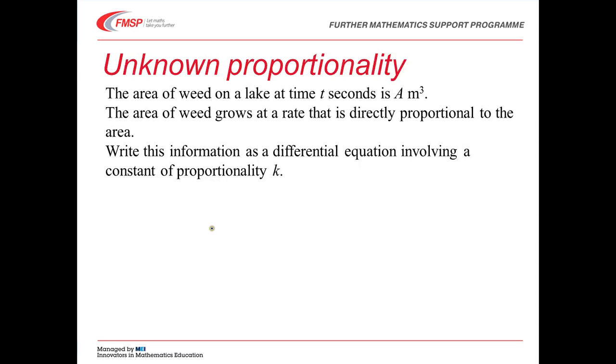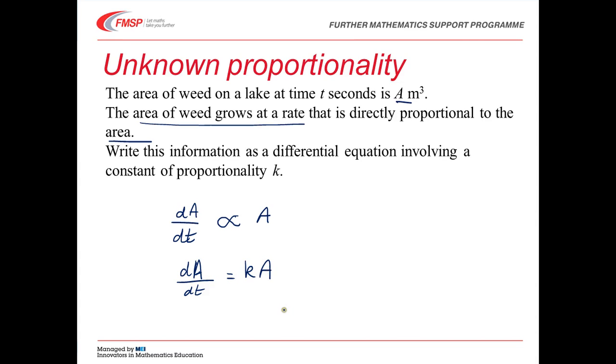Okay, here's another one which is proportional. It's just a matter of picking out the letters. We've got an area A, and the area grows at a rate, so dA by dt, which is proportional to the area, so proportional to A. So dA by dt is equal to kA.